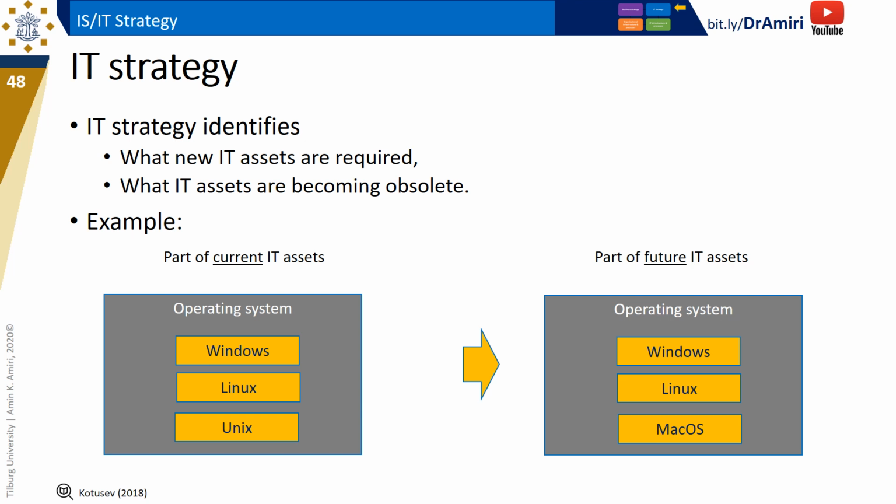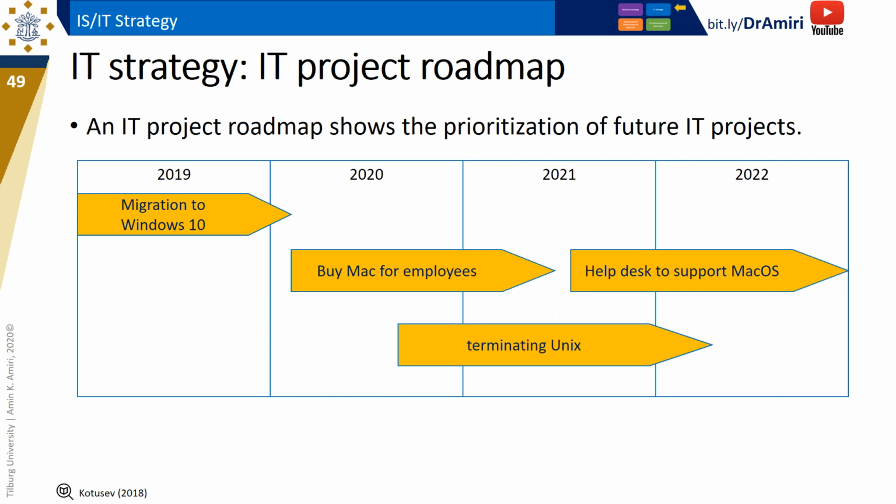And based on these, we can create an IT project roadmap. An IT project roadmap shows the prioritization of future IT projects. So in this case, you see that we already migrated to Windows 10 in 2019, and now our plan for 2020 to 2022 is to buy Macs to allow employees to have Macs, and we can also allow the IT department to buy Mac computers for employees.